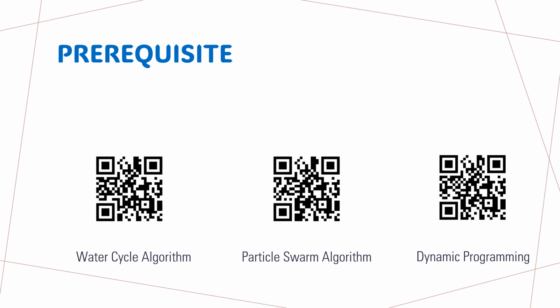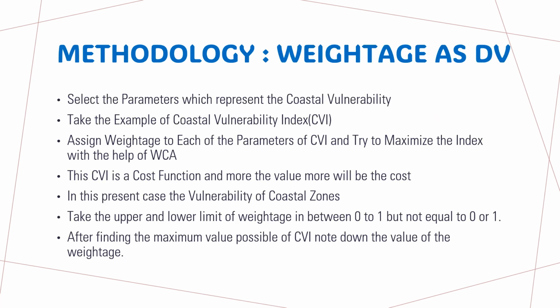And dynamic programming comes under non-linear optimization technique. Okay, so why you need the knowledge of three different optimization techniques, that I'll discuss. Now this entire study is divided into three parts.